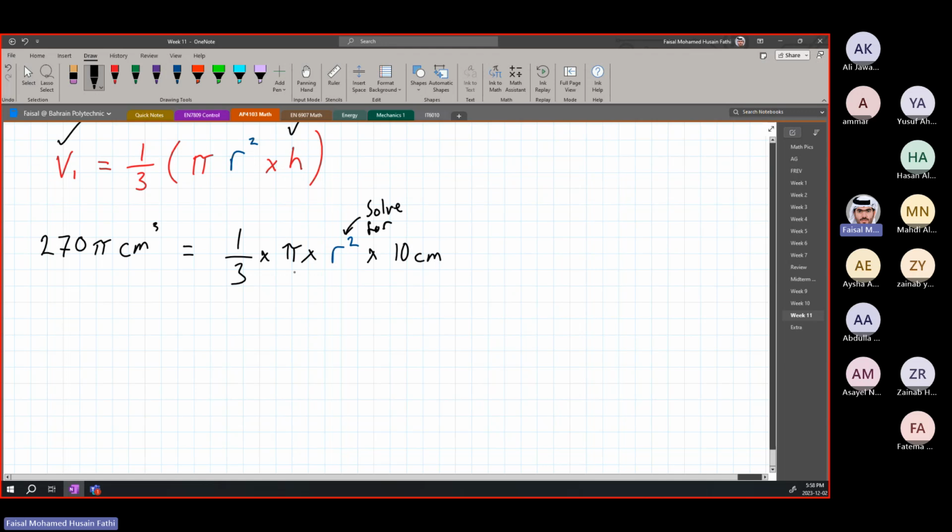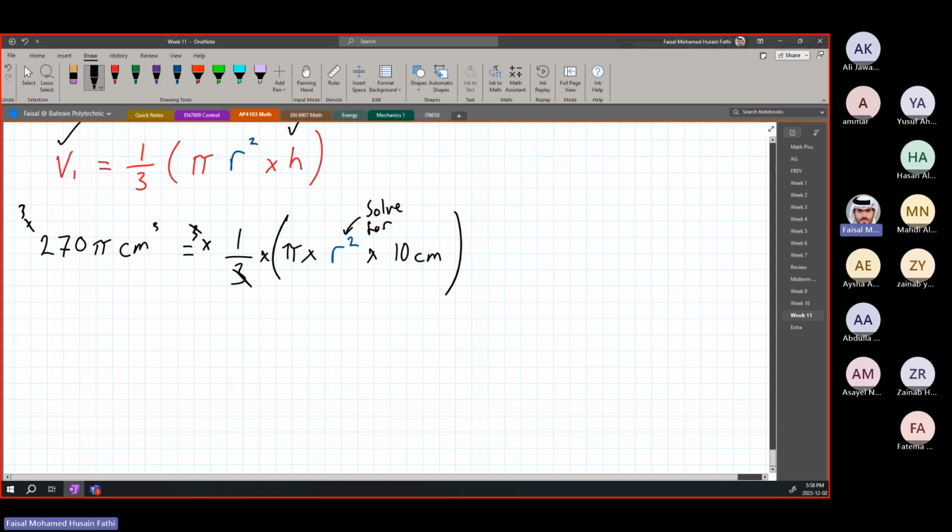So first step, multiply this by 3. Okay, if this confuses you, let's put the bracket back. Multiply this by 3, multiply this side by 3 as well. This 3 will cancel with this, so this will be 3 times 270.